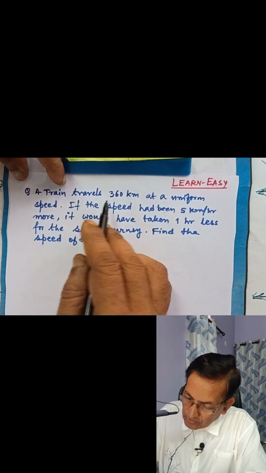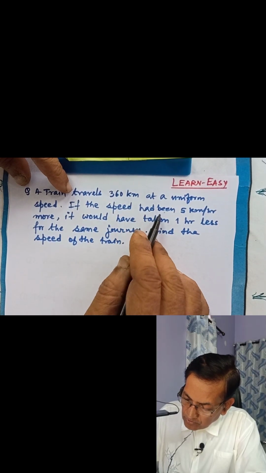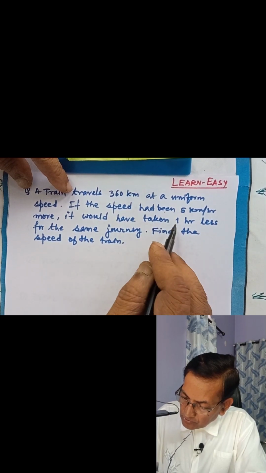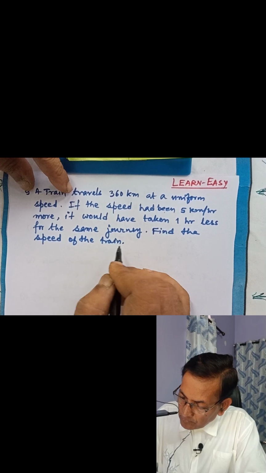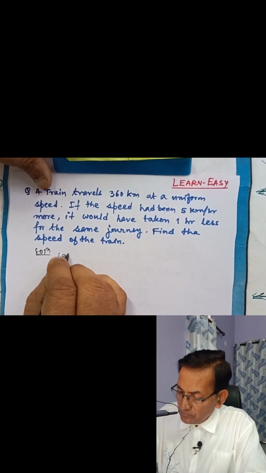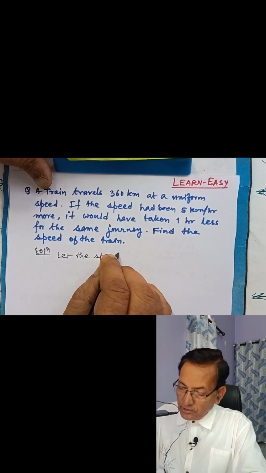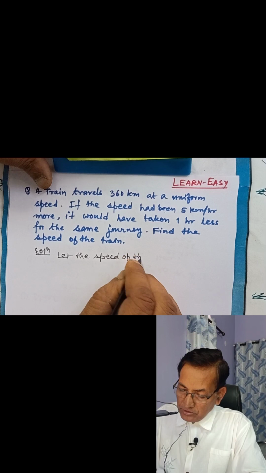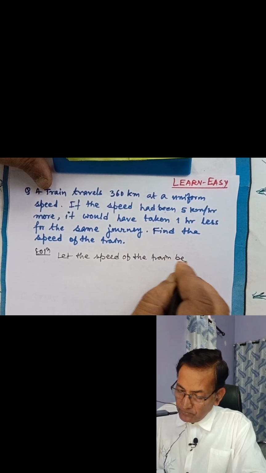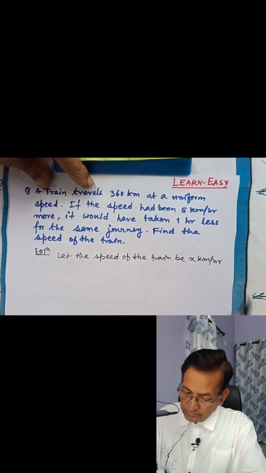A train travels 360 km at a uniform speed. If the speed had been 5 km per hour more, it would have taken 1 hour less for the same journey. Find the speed of the train. Let the speed of the train be x km per hour.